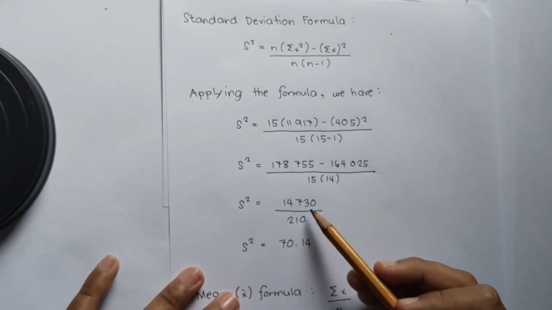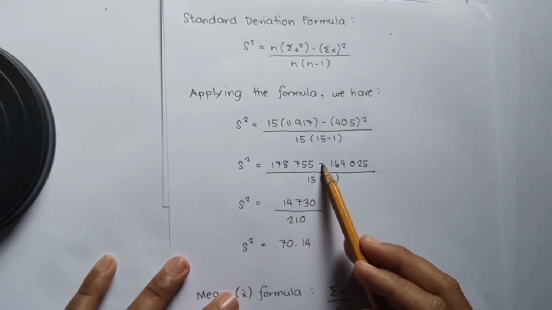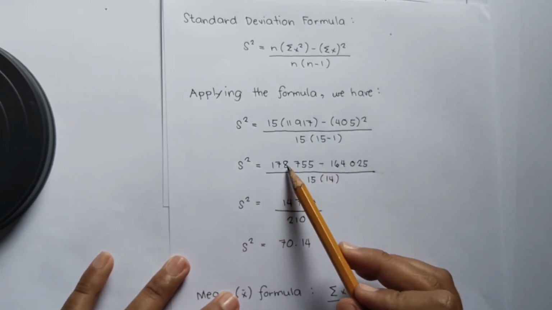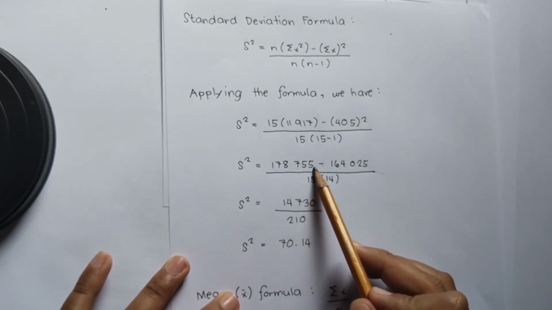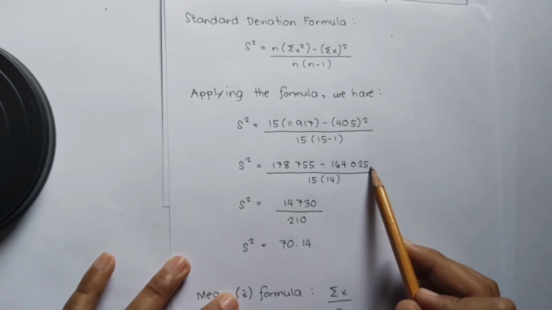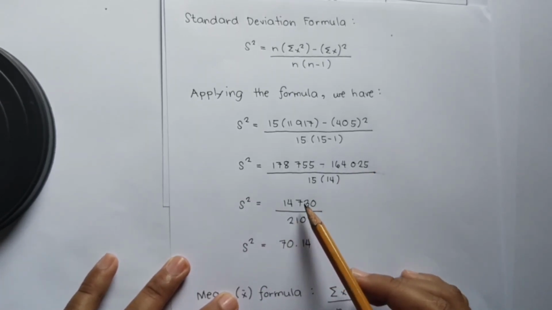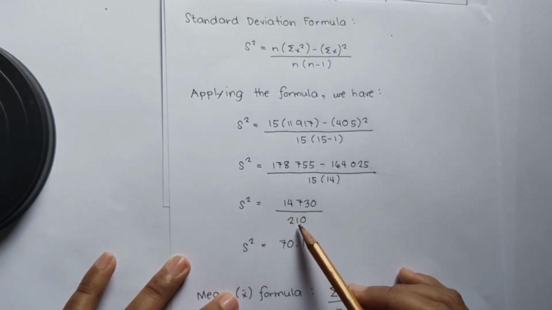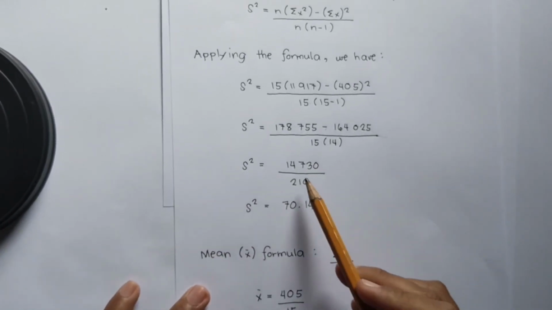So, ngayon naman, subtract na natin yung nandito sa itaas. So, 178,755 minus 164,025 is equals to 14,730 divided by 210, which is yung 15 times 14.